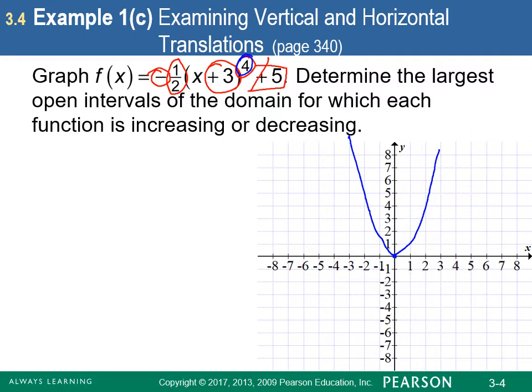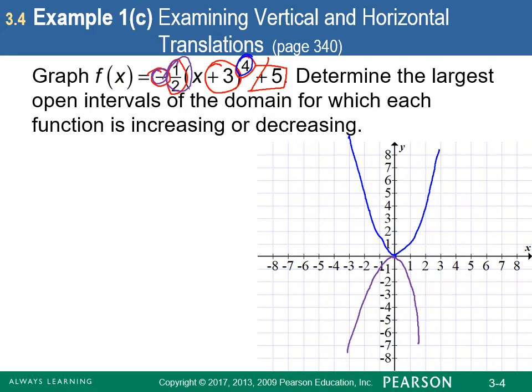So let's see what our shifts will do. The negative on the front is going to curve it downward instead of upward. And the 1/2 is just going to squeeze it in.